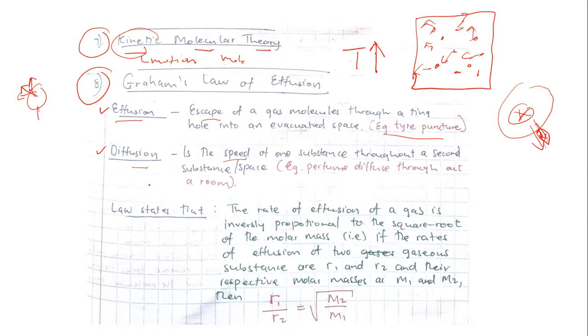Another term is diffusion. I don't know if you are familiar with this word. I think especially girls are familiar with it. There is something that we call a diffuser. You can buy it at Mr Price Home.